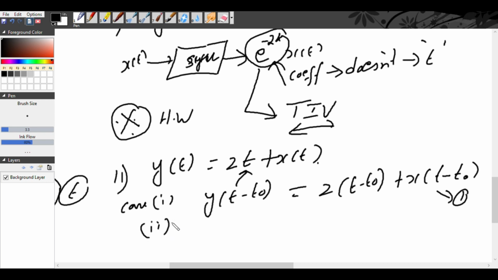Let's discuss case 2. Case 2 is passing a time-delayed input to the system.